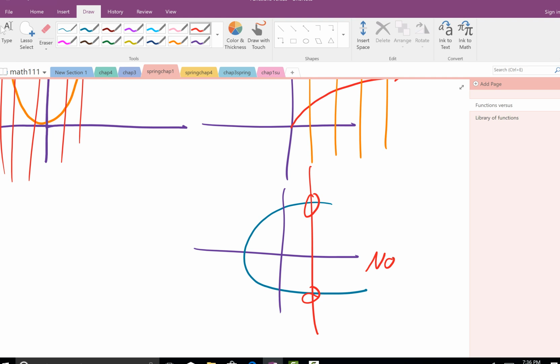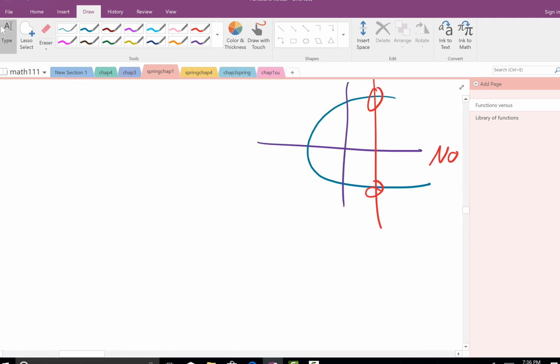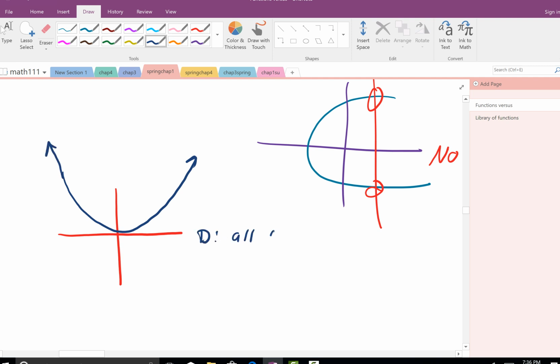Okay, so I'm going to switch back here to this guy. Let's summarize just a little tiny bit here. If we have a graph that looks like this, nice wide U shape, domain, all real numbers, all reals.